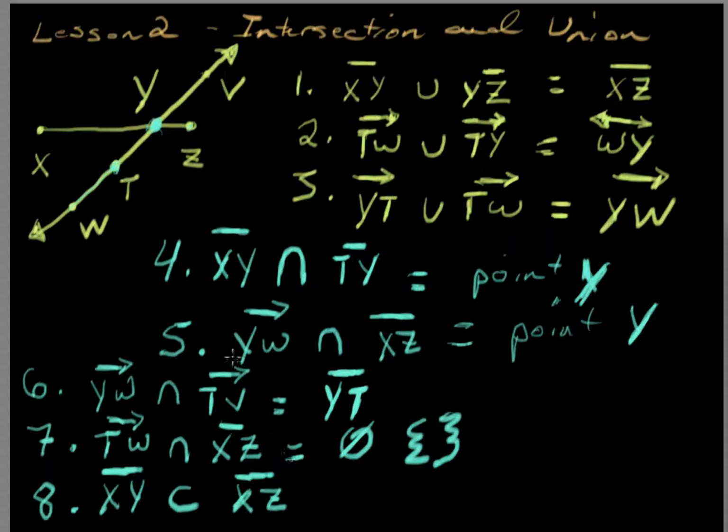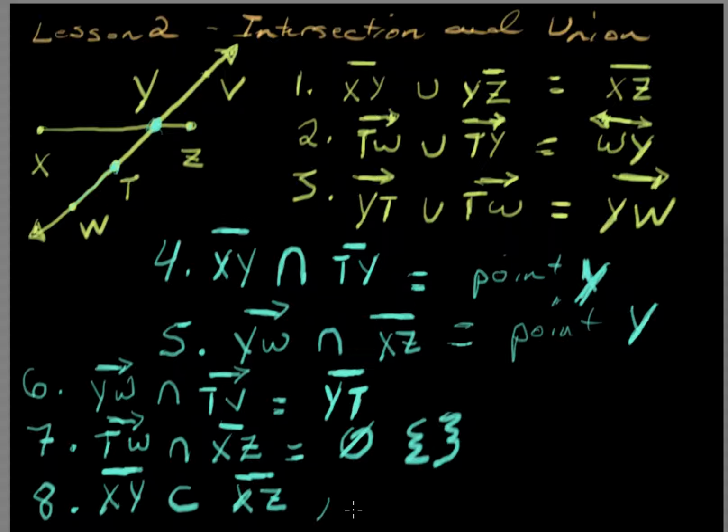And this, of course, is XY is a subset of XZ. This piece, XY, this line segment, is a part of XZ. You can see that XZ goes from X all the way to Z. XY is a piece of that, a subset of XZ.